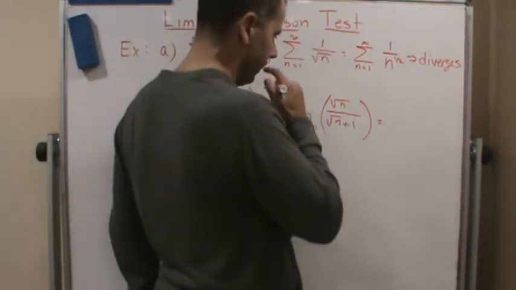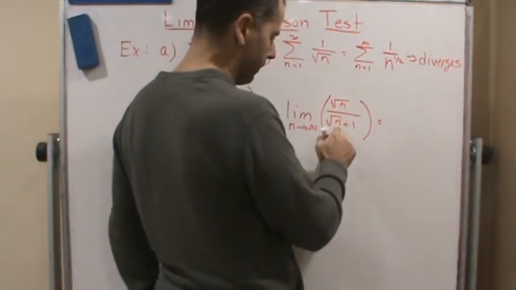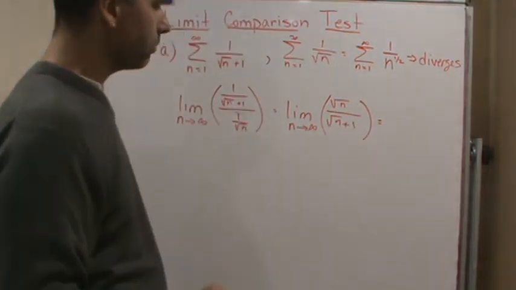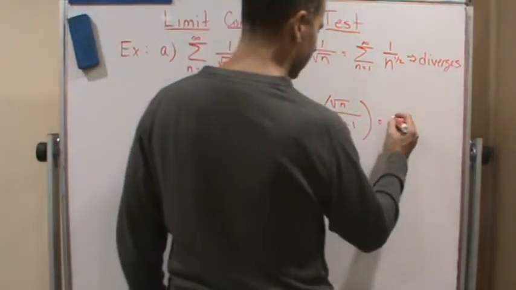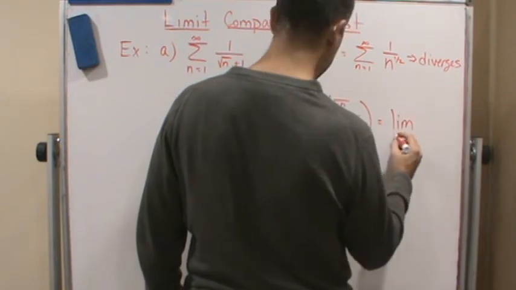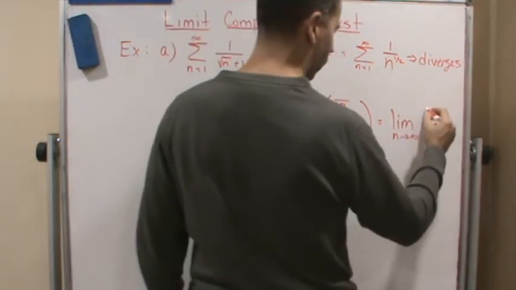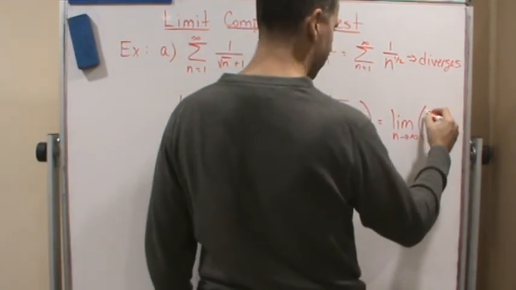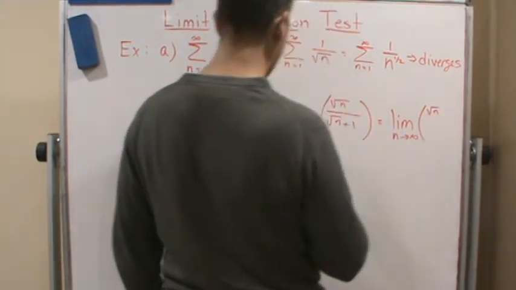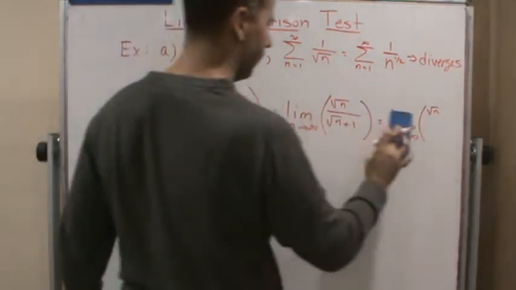Well, if you divide the top and the bottom by the square root of n, we get the limit, and I've showed you something similar to this before, right? So we divide the top and the bottom by the square root of n, and what do we get?